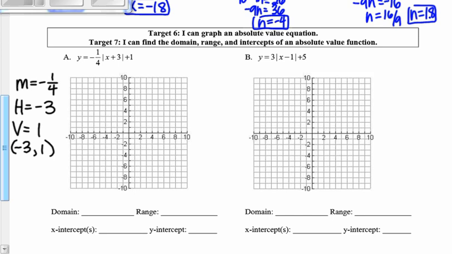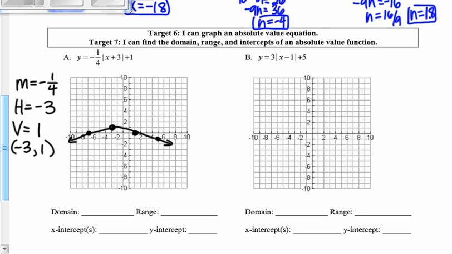That's the very first point that you should make. And then we're going to use our slope of negative 1/4, so down 1 over 4 in both directions. I actually can't fit another one on that one way. And here is our absolute value graph.